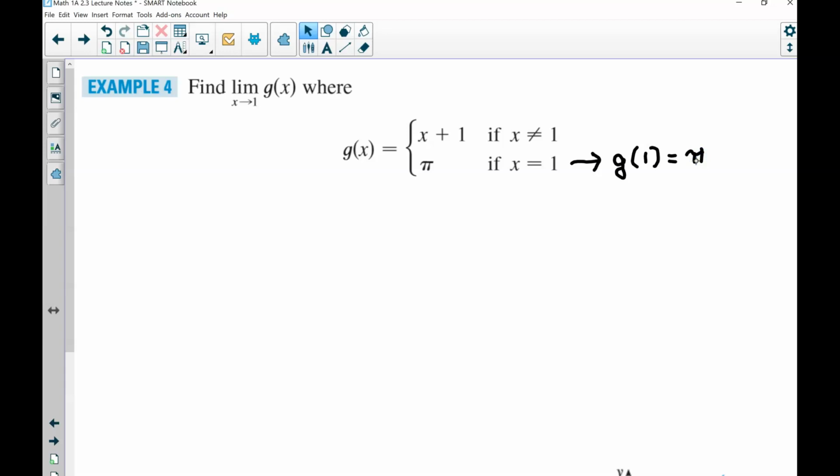But the value of a limit as x approaches 1 does not depend on the value of the function at 1, meaning what it's equal to, like we talked about in the previous example.